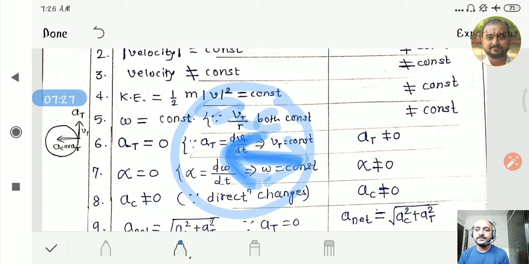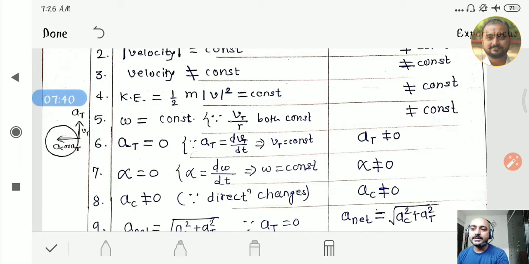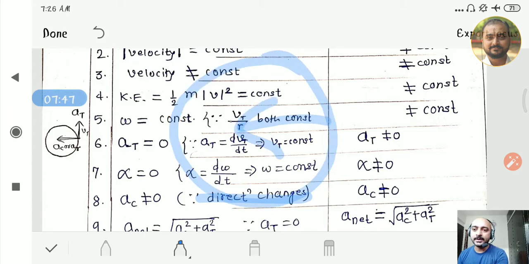This centripetal acceleration is never equal to 0, it has a certain value. The magnitude of this acceleration remains constant, but its direction is continuously changing from point to point.